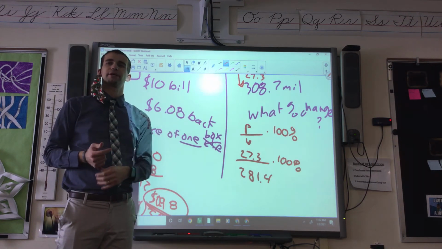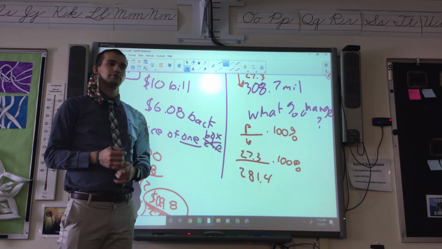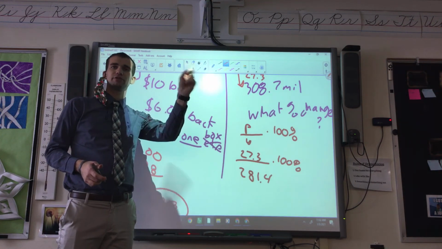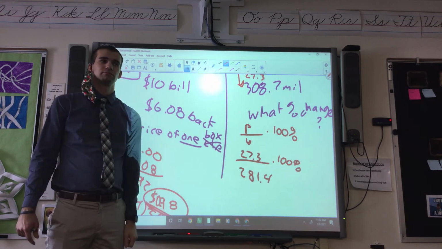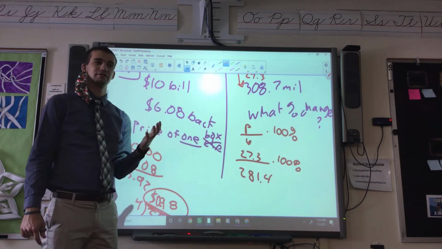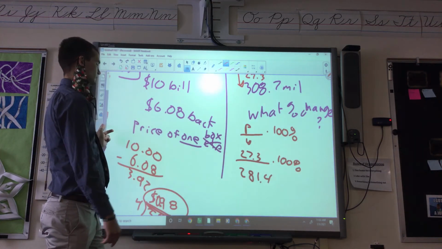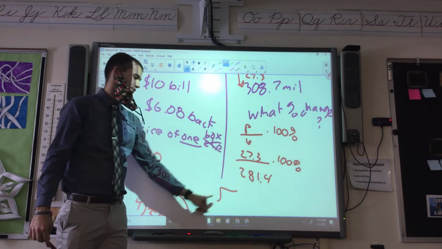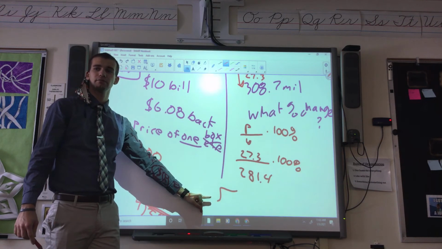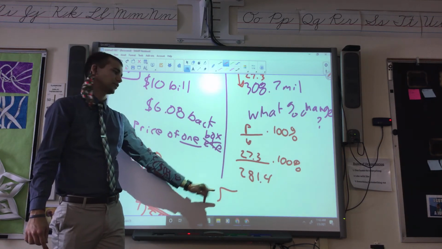It's not actually simplifying. Think ahead. When you divide, you're dividing a decimal by a decimal. You want the number outside to be a decimal? 281.4. Do you want that right out here? No, you don't. So you have to do what with these?